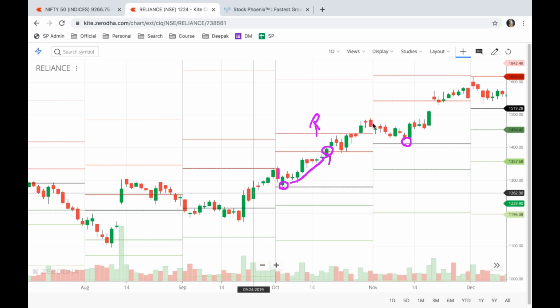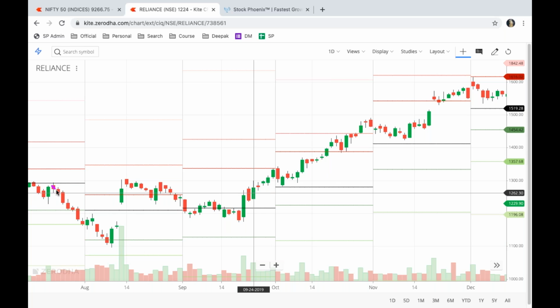You can see here, the stock fell, came near pivot, reversed. Same here, there was a gap up, it managed to be on support of pivot, reversed. Again you can see here, it took a resistance and came down again. So this always works.